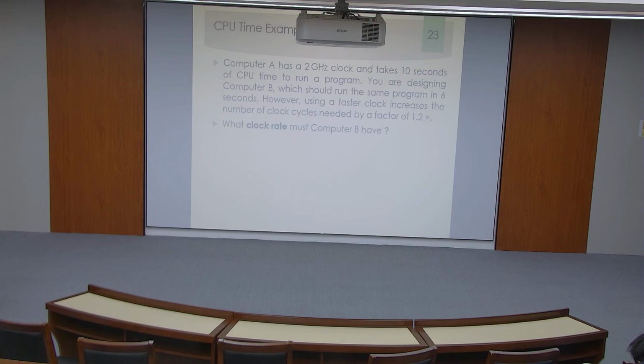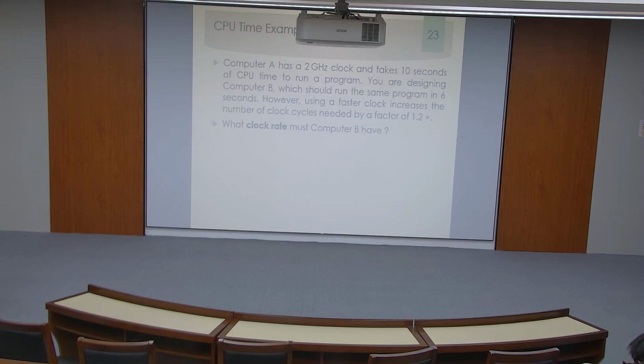So we want to calculate the clock rate for computer B, which equals CPU clock cycles for computer B divided by the CPU time for computer B. But we don't know the CPU clock cycles for computer B. We only know that because we want to increase the clock rate, it has to increase the CPU clock cycles by a factor of 1.2.